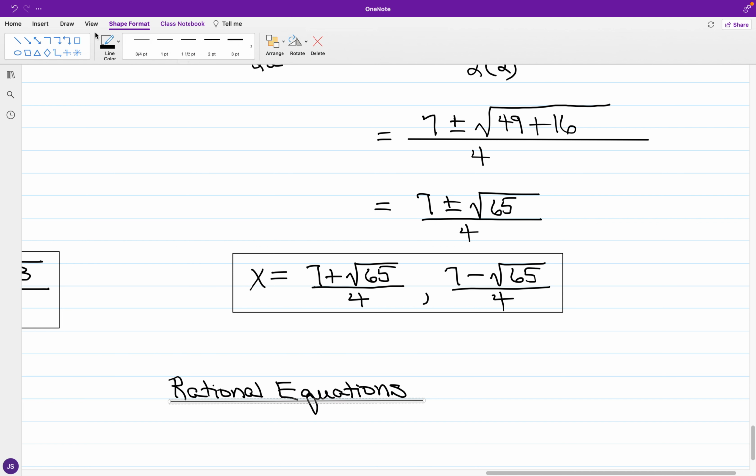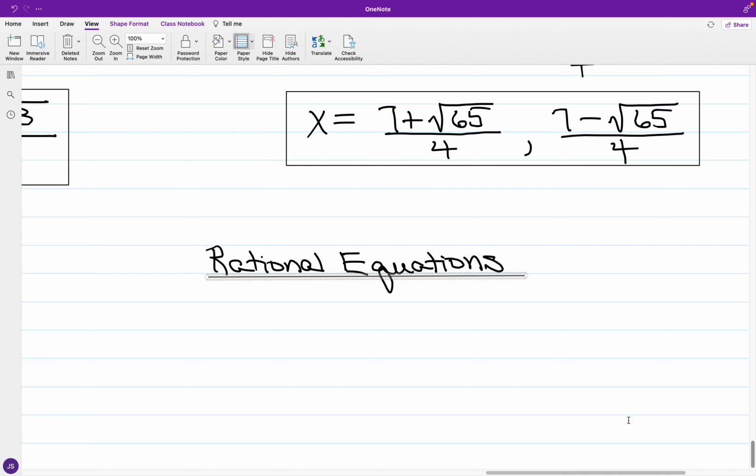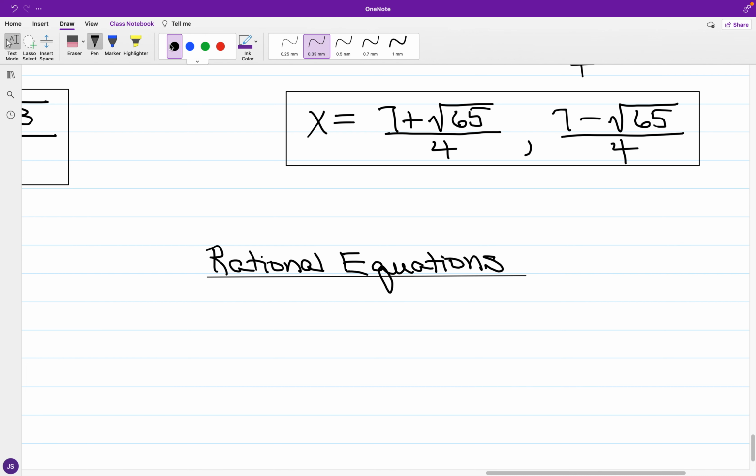So we're going back to working with rational expressions, and for rational equations I'll give you cases here.